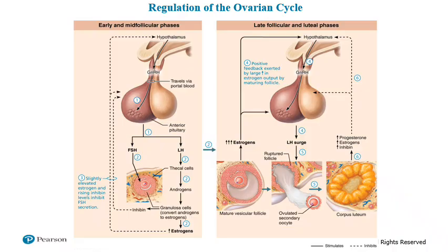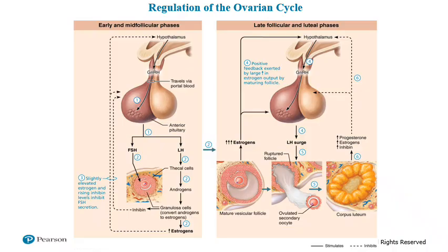Then you cannot have any development of any oocyte if your gonadotropin-releasing hormone will not be released in the hypothalamus. And that's happening because a good amount of estrogen, or slightly elevated estrogen, will inhibit the release of gonadotropin-releasing hormone.